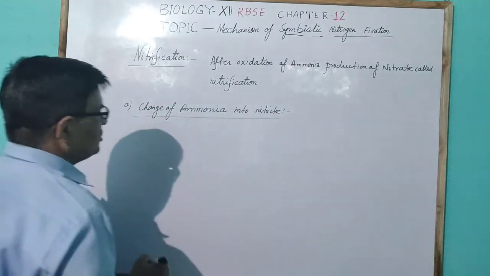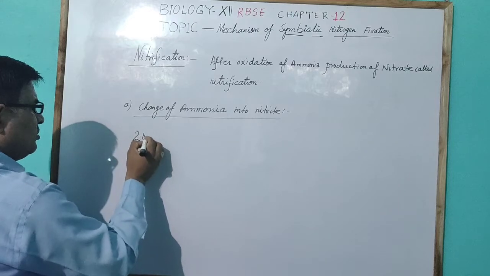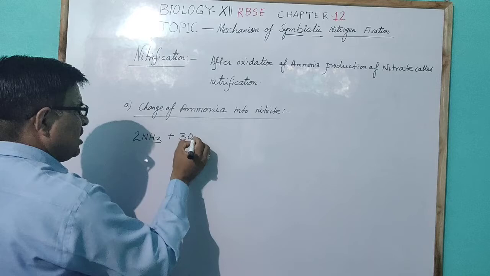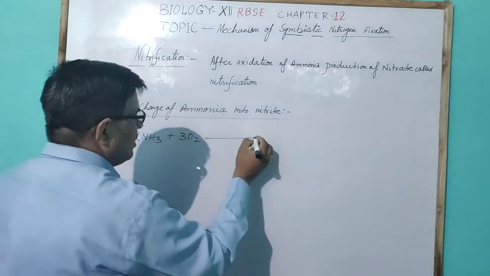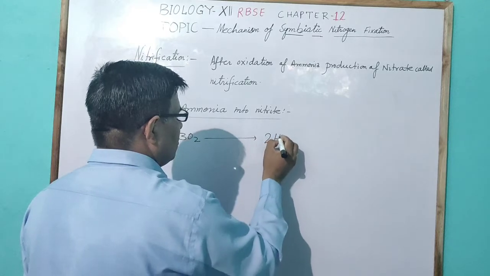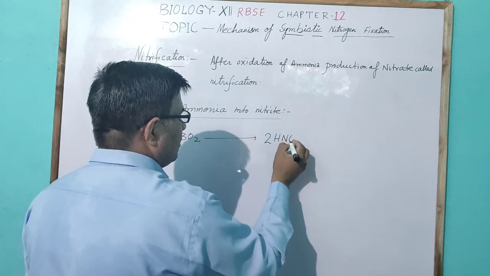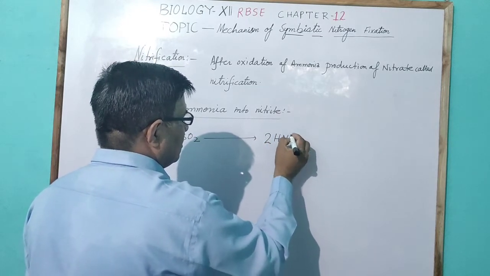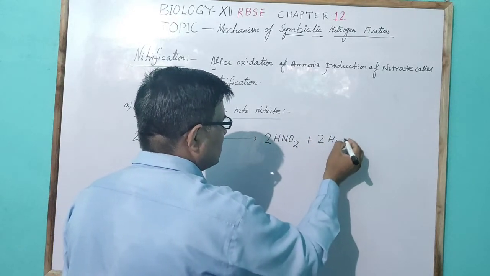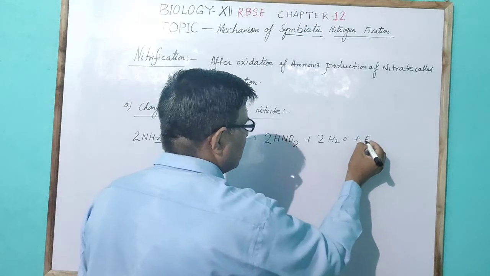This is the first step, in which two molecules of ammonia combine with three molecules of oxygen and are converted into two molecules of nitrous acid and two molecules of water, with production of energy.